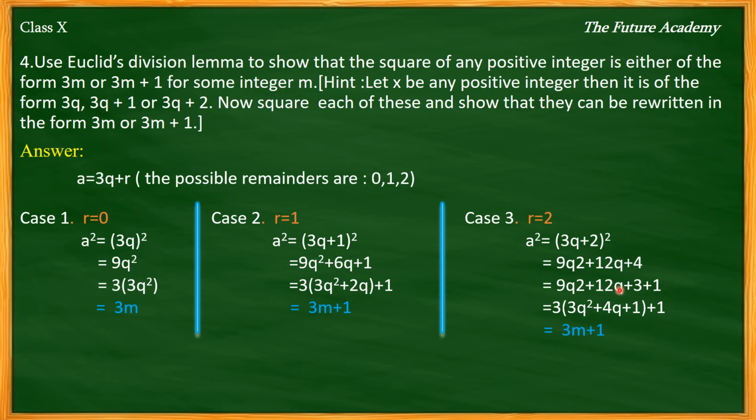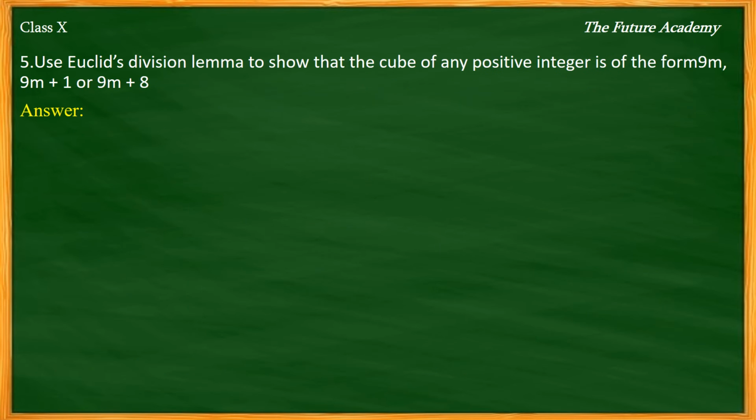From these three terms, we are going to take 3 as common. So we get 3 into 3q square plus 4q plus 1, plus 1. Now we are assuming this whole thing as m. Now we get 3m plus 1. So a square of any positive integer is of the form 3m or 3m plus 1.